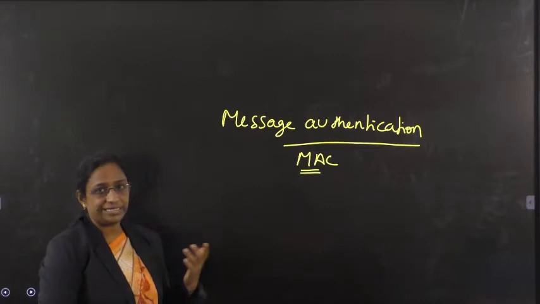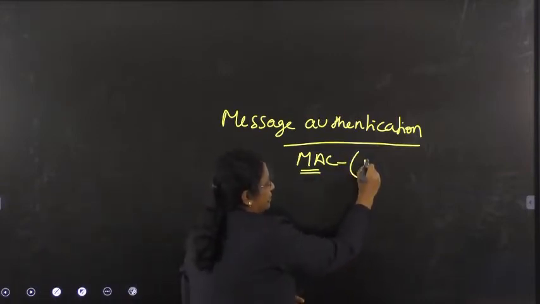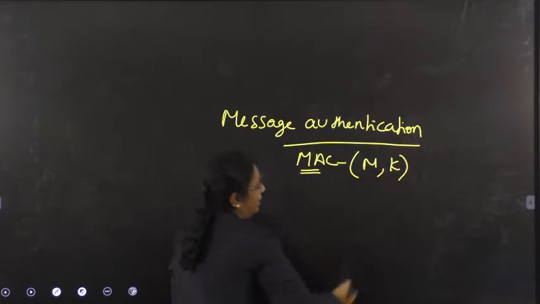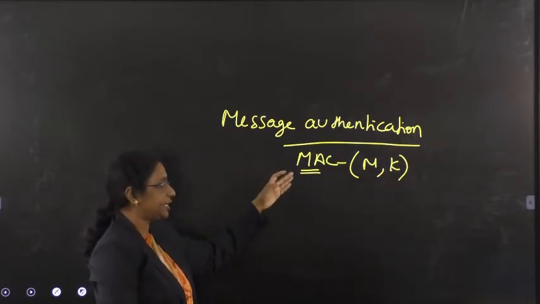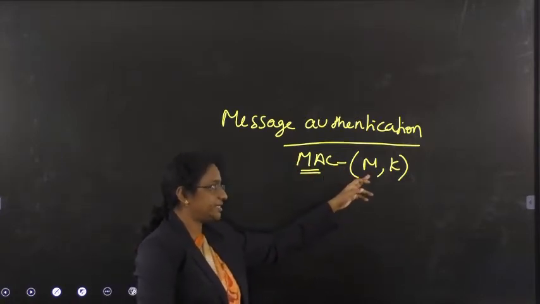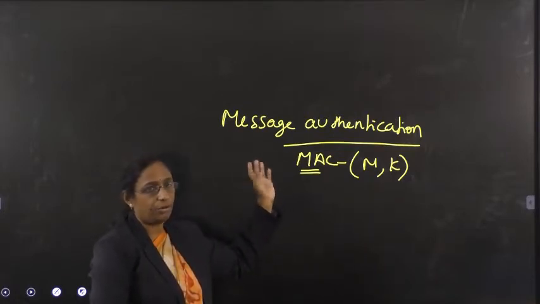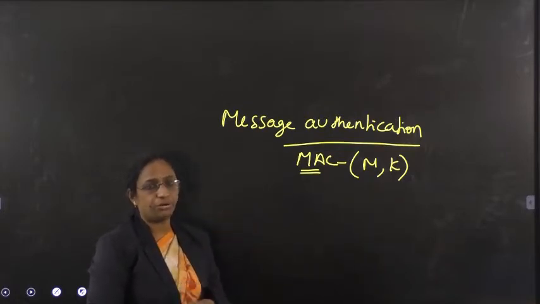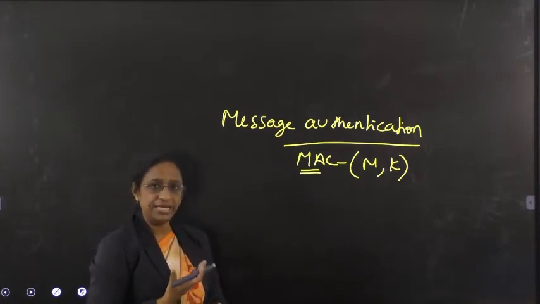For generating this message authentication code, you require a key along with the message M, and you apply the message authentication algorithm on the message M and the key K. You will get a message authentication code, and that message authentication code you can use for checking the originality of the sender.